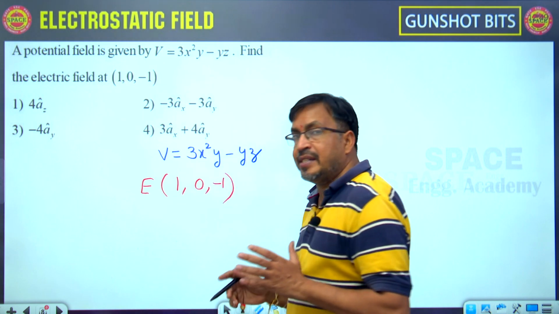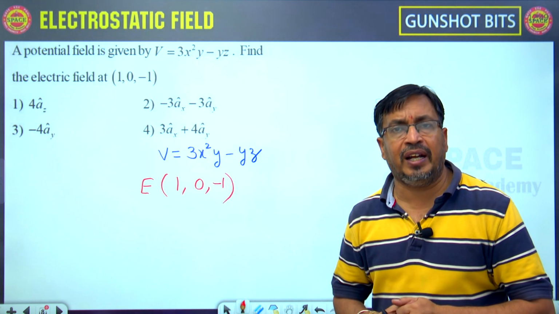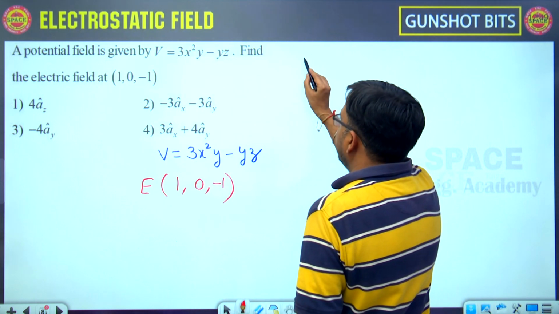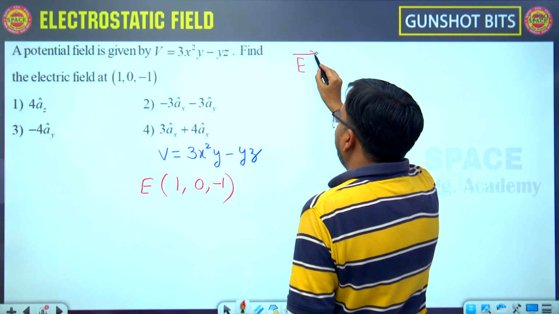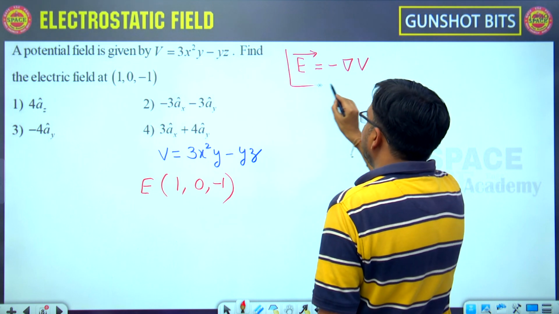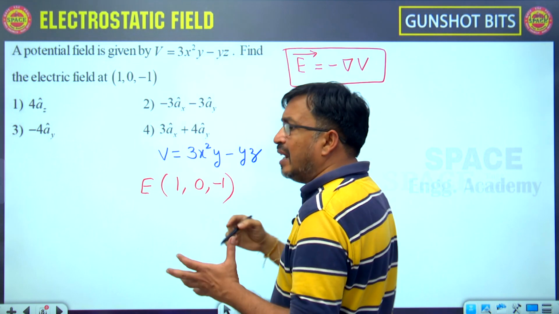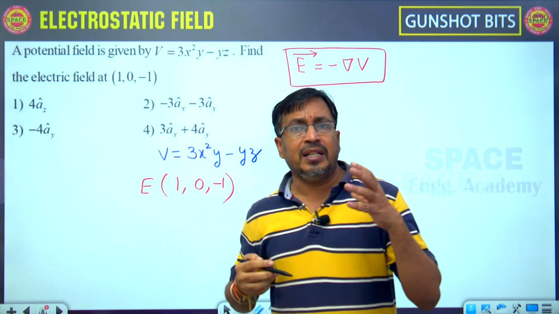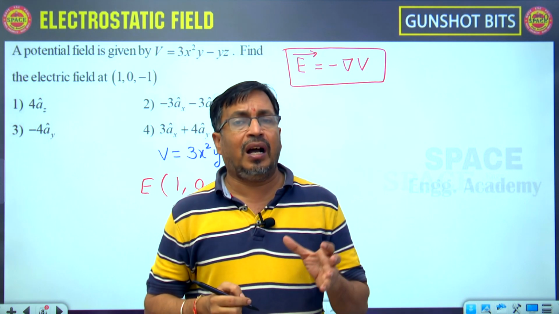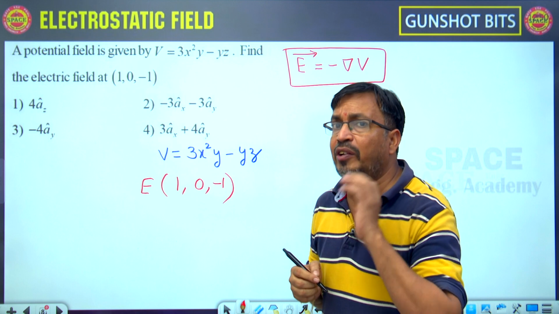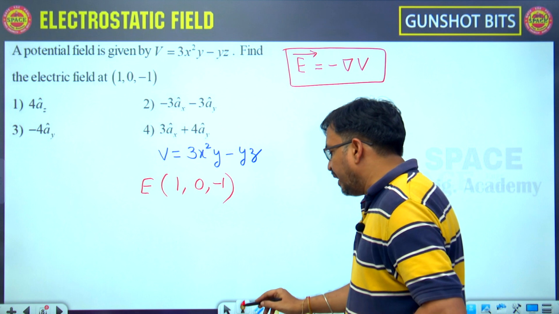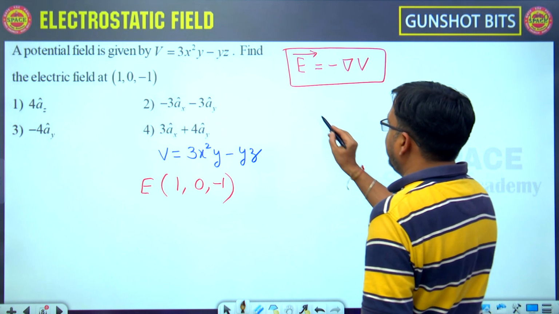When the potential is given, how to find the electric field? There is a relation between E and V, that is E equals minus del V. The negative potential gradient is known as electric field intensity. Here the potential is given in the rectangular coordinate system, hence we are using the gradient formula in rectangular coordinates. So what is the gradient formula?